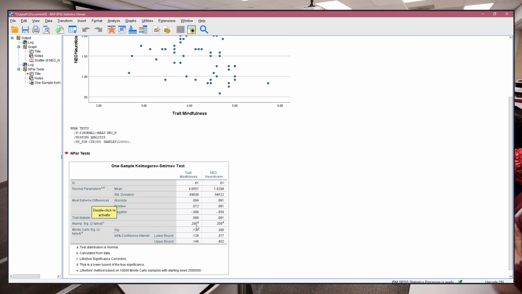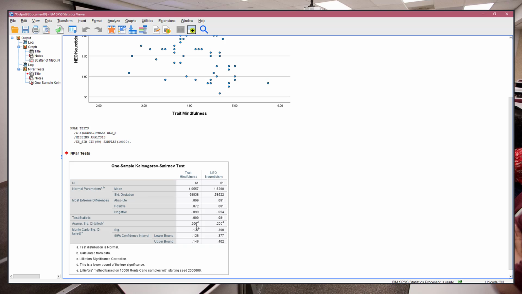This test compares our sample data to a theoretical normal distribution. If our data is significantly different from a normal distribution, we can say it's not normal. We don't want that.